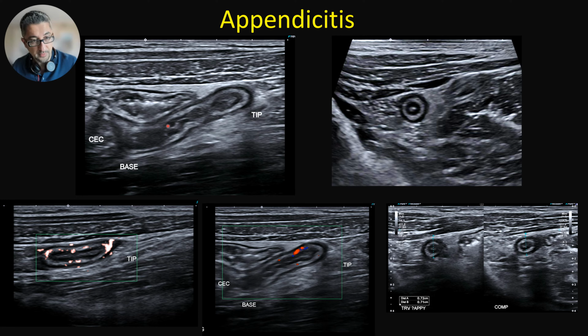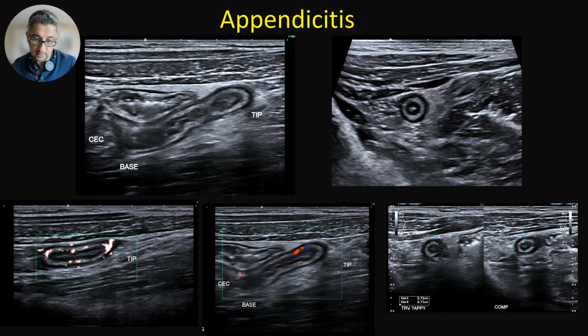hyperplasia. There is thickening of the lamina propria, lymphoid hyperplasia, and there is echogenic fat around the appendix, and this echogenic fat is focal, not uniformly surrounding the appendix, but more focal here, and there is normal areas on the right side and posteriorly, and there is hyperemia.